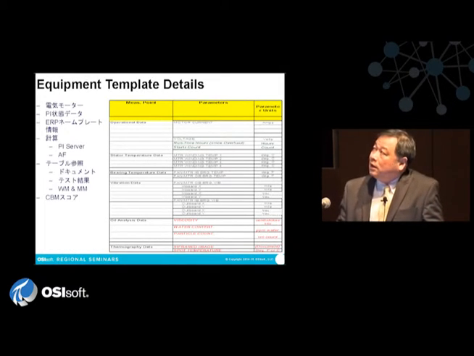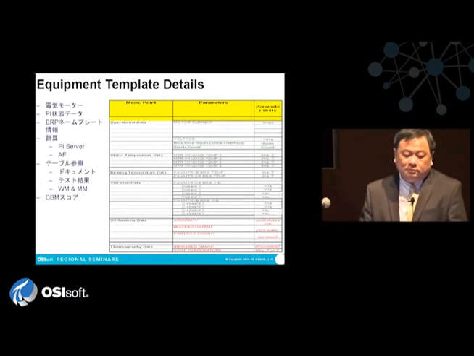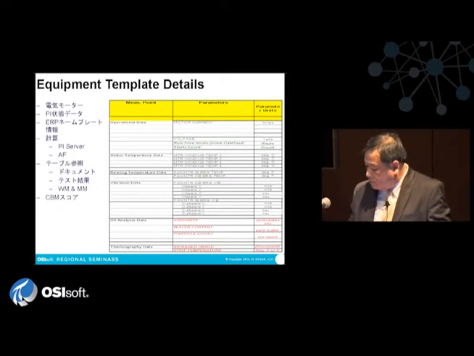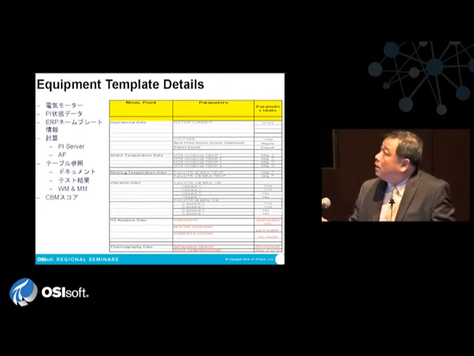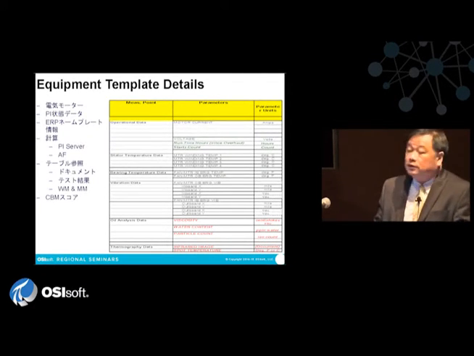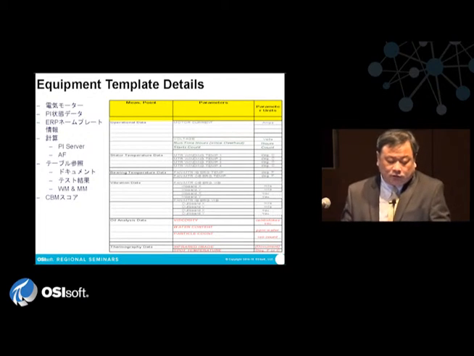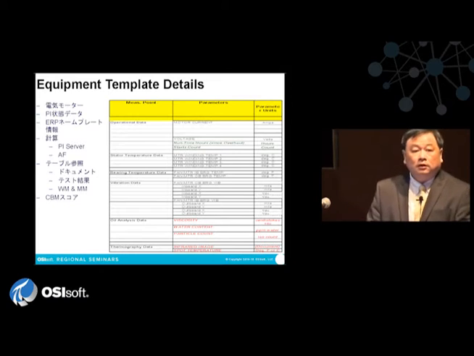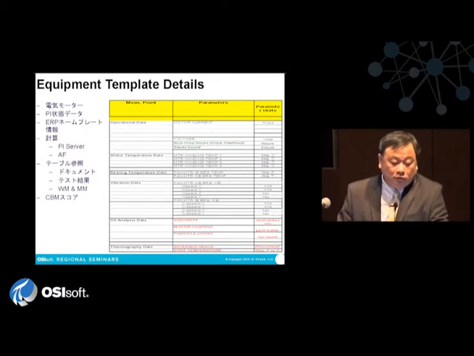This is an example of equipment template detail. On the left-hand side, this is the equipment category. In the middle, this is the equipment attribute or parameter.